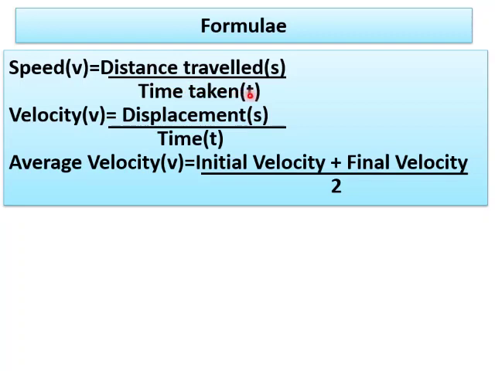In the numericals, we have to use speed v is equal to s by t. When you come to velocity, velocity is represented with v, and displacement is represented by s. Don't get confused with displacement and distance. These both will be used in different type of numericals. So it can be used as s, and time can be represented with t.